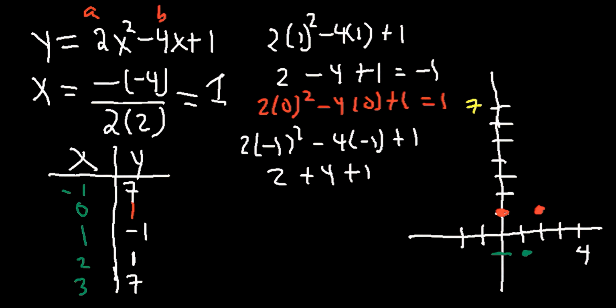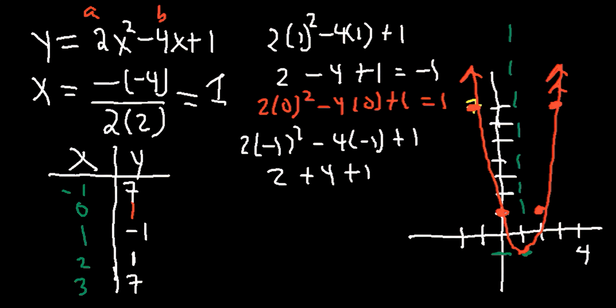And then 3, 7, which is all the way here. And -1, 7, which is right where I put the 7. So then we can graph it. And here is the axis of symmetry. It's x equals the x-coordinate of the vertex. So that's how you can plot quadratic equations using a table.